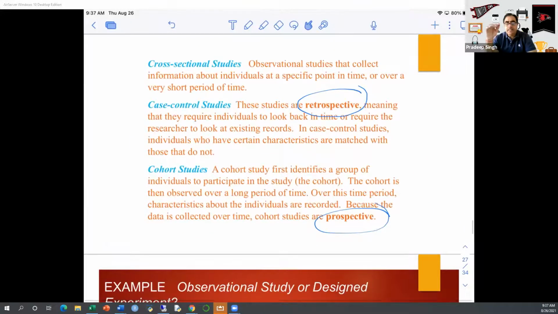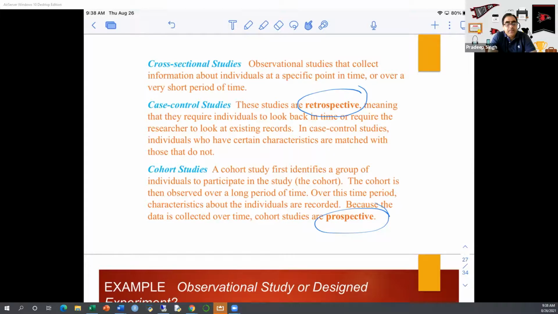And then the last thing here, if you have observational studies, they can be of 3 different types: cross-sectional studies, case control, and cohort study. So cross-sectional studies are at any given point of time. That means if I take a survey today and then report the results, that's going to be a cross-sectional study. The case control or retrospective studies are when we, let's say, go to the hospital and want to see what are the factors responsible for stroke, and then we get information from the hospital.